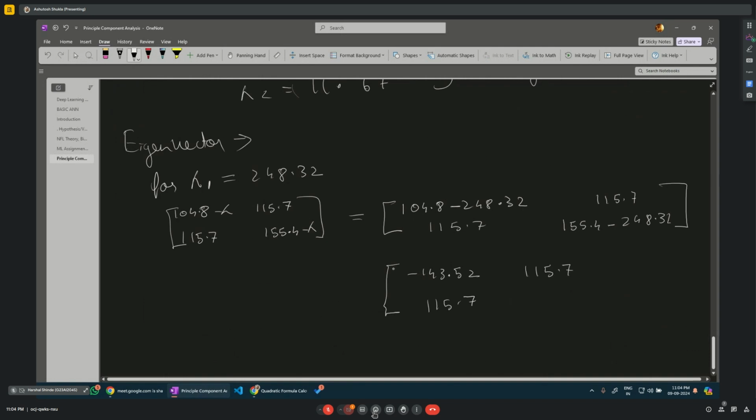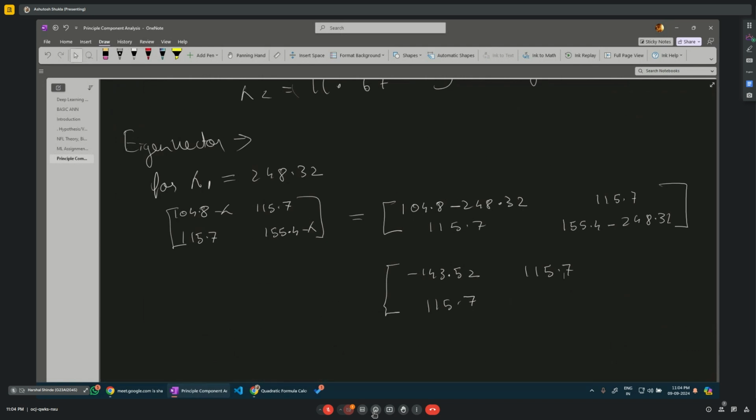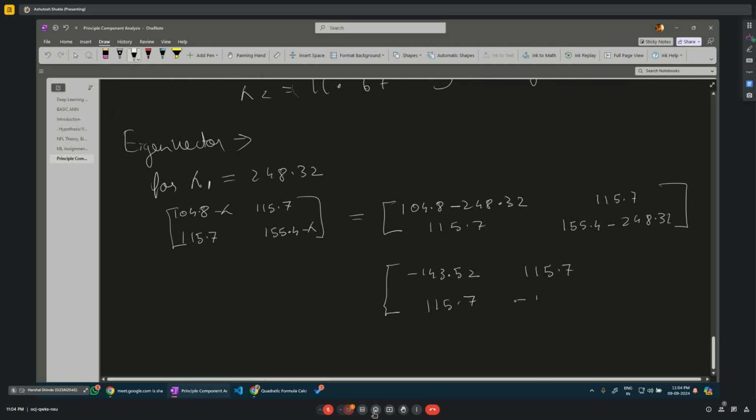This one, let me go to the calculator. 155.4 minus 248.32 is going to be minus 92.92. Minus 92.92. So this is our matrix for now.